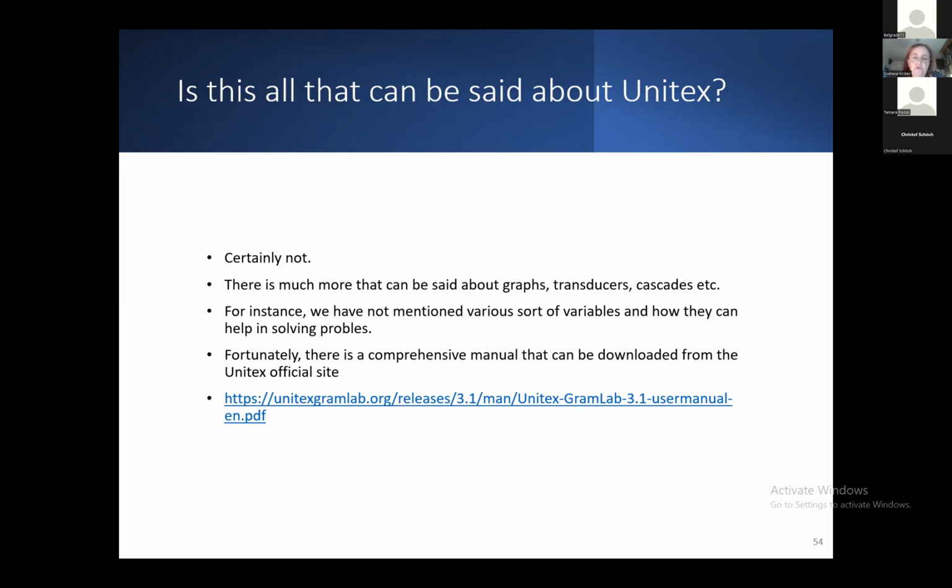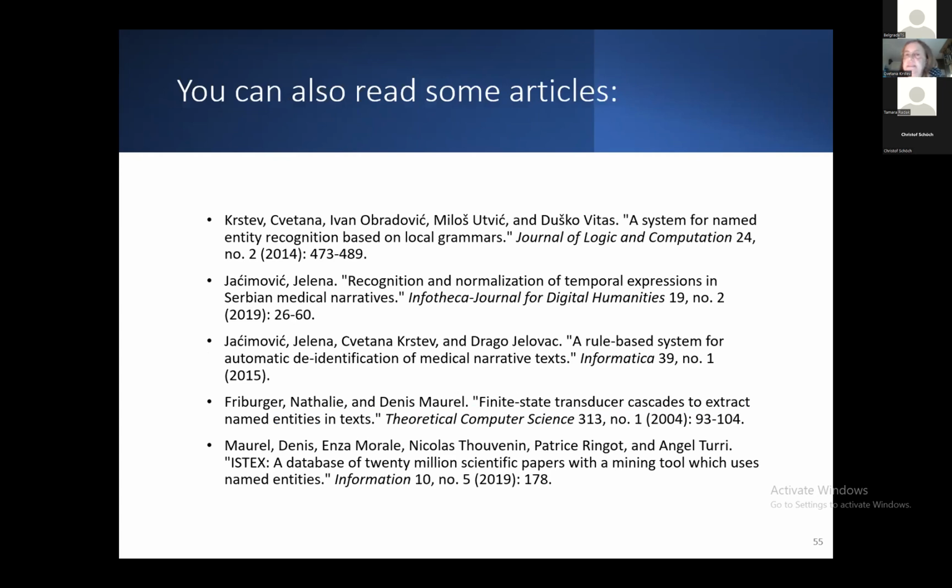Eric has already given you the link, but here is the link again. And you can also read some articles. The first 3 of them are about the named entity recognition system for Serbian, and the remaining 2 are about the named entity recognition system for French.